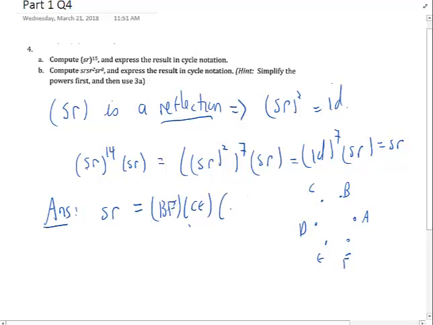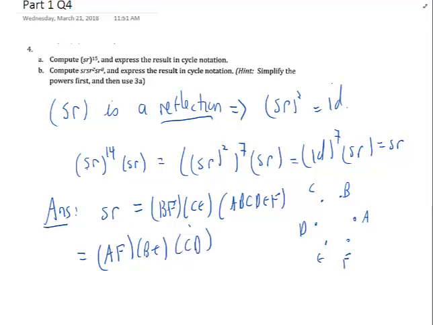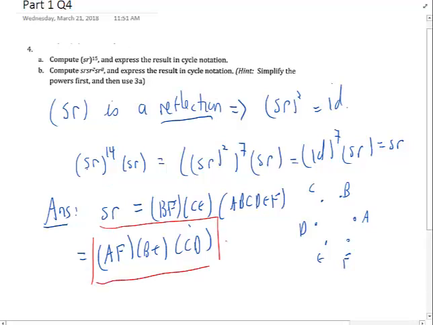And then that's going to be times ABCDEF. And we know this result is a flip, so this is the flip that takes A to F. And the flip that takes A to F is also going to take B to E and C to D. Okay, so that's the result for part A.